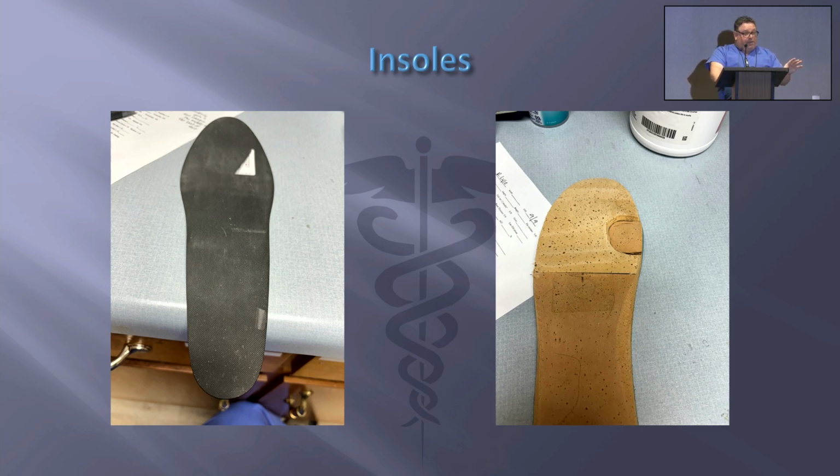The darker insole on the left of the screen is basically a carbon fiber plate, and these are great. Most orthotists, especially in town, Stubbs or ONP, PPS, Southeastern, all these different companies, have these carbon fiber inserts.